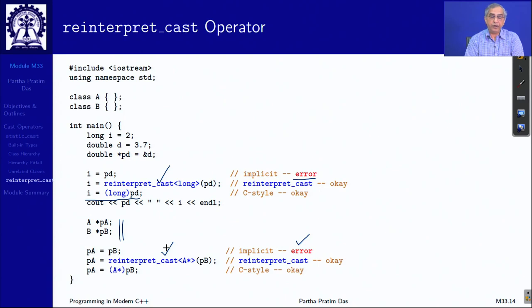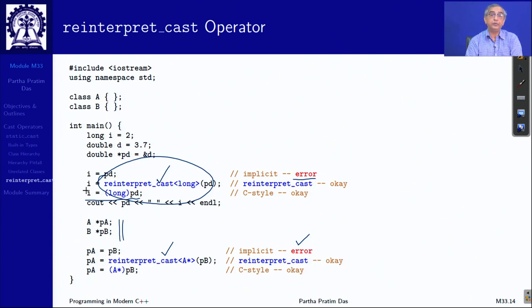And a word of caution: a lot of survey has been done on community code bases to check, do we really need a reinterpret cast? The answer is no. Usually, the only case where you might need reinterpret cast is if you are doing that kind of programming of serialization, deserialization, stuff like that.